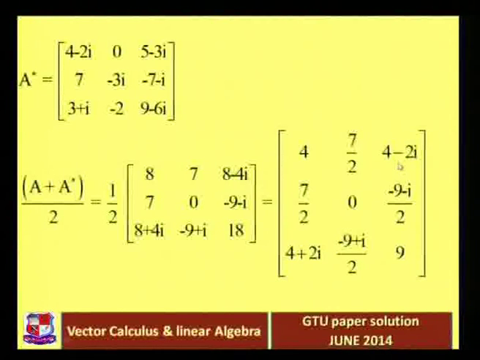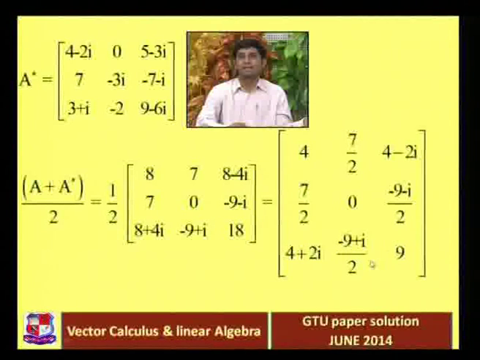Then this is 4 minus 2i, this is 4 plus 2i, so these two are complex conjugates. This is minus 9 minus i divided by 2, and this is minus 9 plus i divided by 2, so these two are complex conjugates.